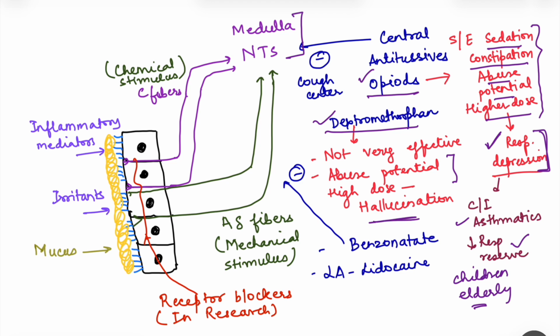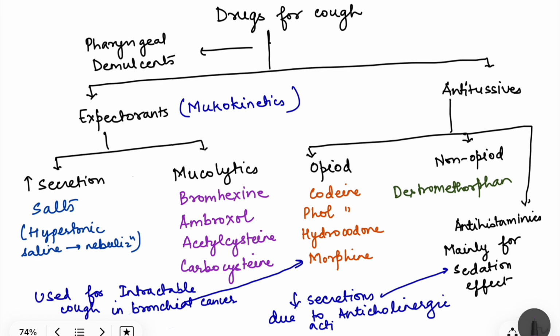Now, apart from opioid and non-opioid antitussives, we have the antihistaminics. Antihistaminics are mainly used for their sedation effect, and they do not suppress the cough directly. They basically sedate the patient. These are the first generation H1 receptor blockers, which we have already studied in antihistaminics, and they have this sedation effect.